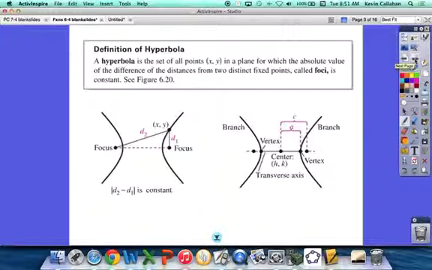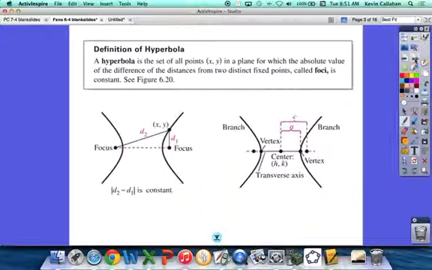Now the hyperbola actually has two parts to it. It has a definition which is really close to that of the ellipse. If you remember, the ellipse was the set of all points, the sum of whose distances from two fixed points is constant.